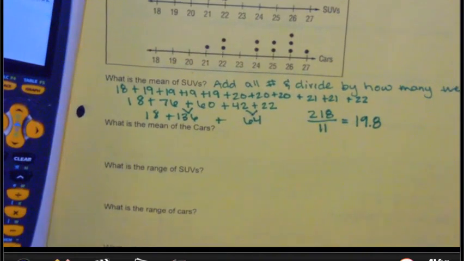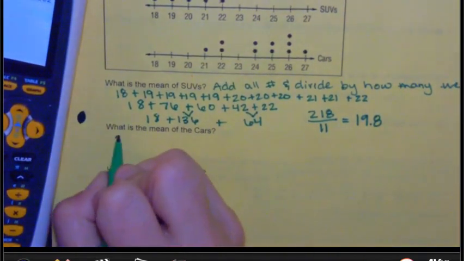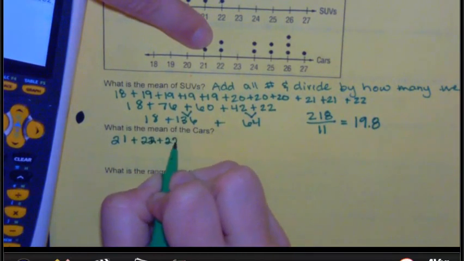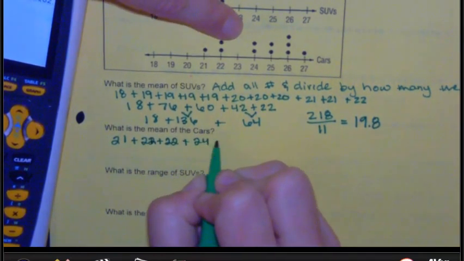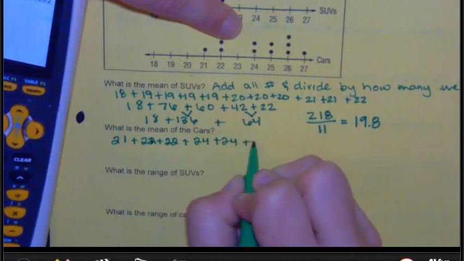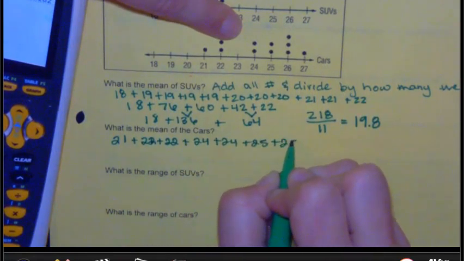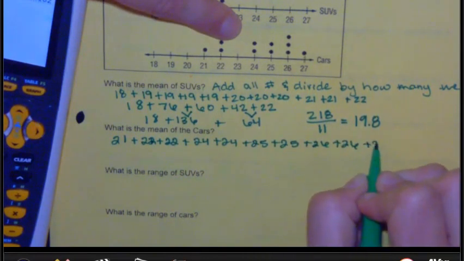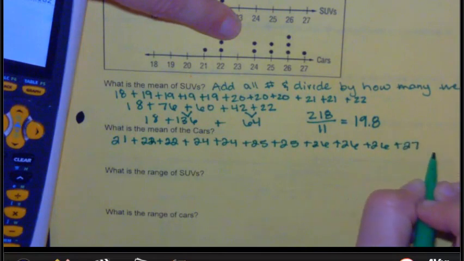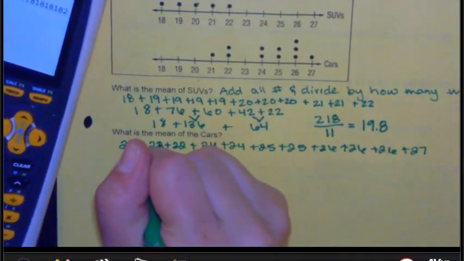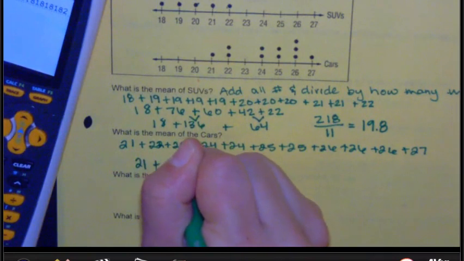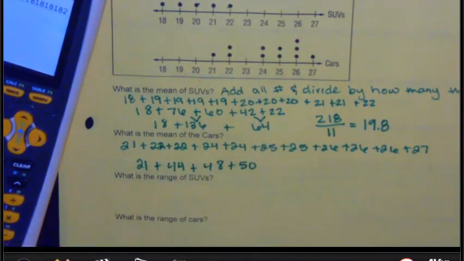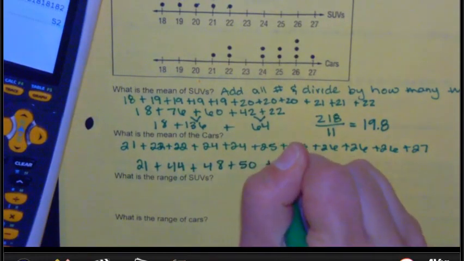All right, so let's go ahead and do the cars. So for the cars, I have 21 plus 22 plus 22 plus 24 plus 24 plus 25, 25, 26, 26, 26, 27. So I'm still going to have 21 plus 44 plus 48 plus 50 plus 50.